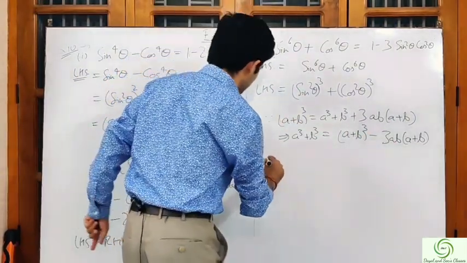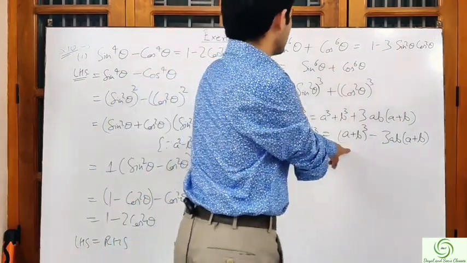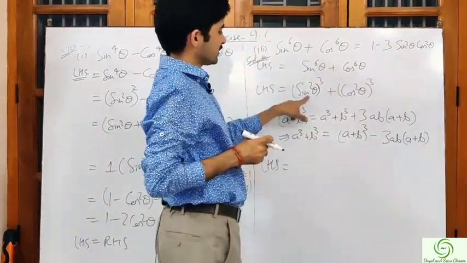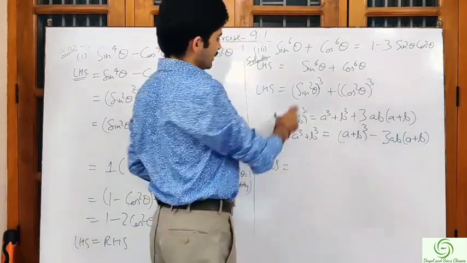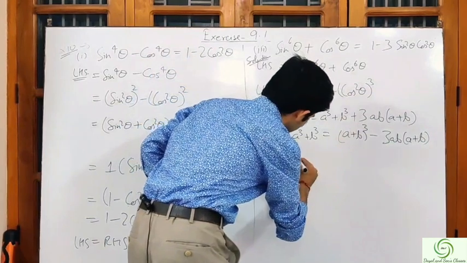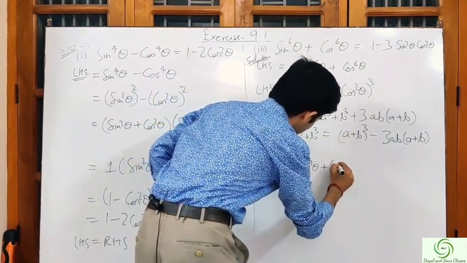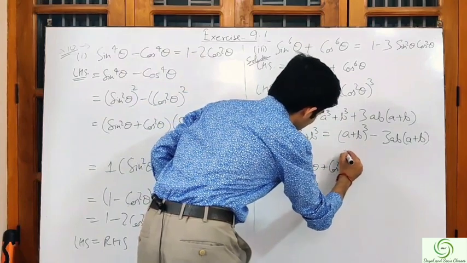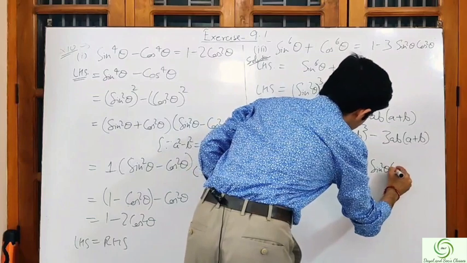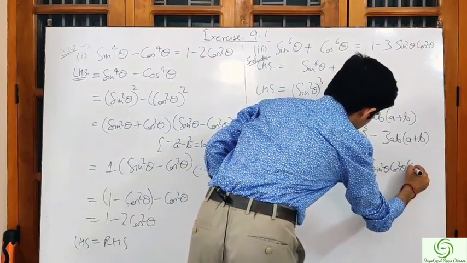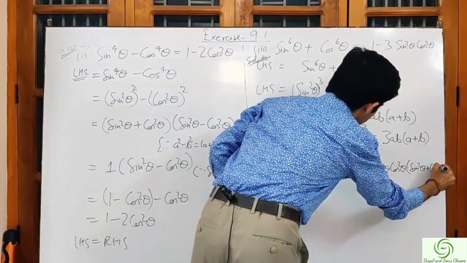So left hand side will become, here a is sin square theta, b is cos square theta. Applying this, what will we get? Sin square theta plus cos square theta whole cube minus 3 sin square theta cos square theta into sin square theta plus cos square theta.